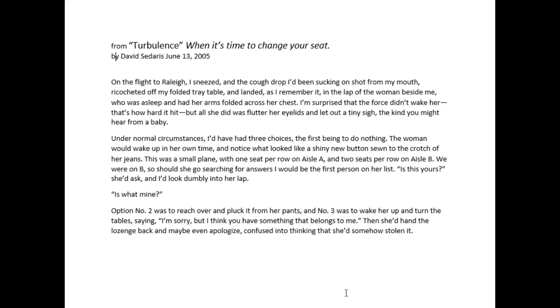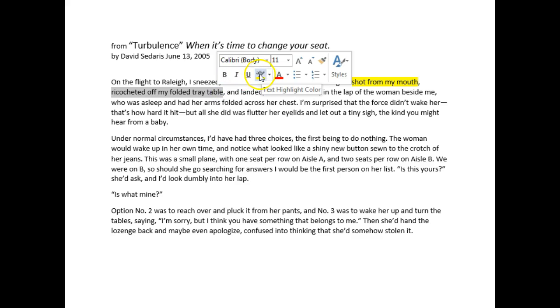So if we're thinking about sensory imagery or the use of sensory language to create engagement for the audience, we have several examples. We know what it looks like when something is shot from something, like a bullet from a gun. So "shot from my mouth" creates quite the image. "Ricocheted" is also a word that creates an image in our head, as we are familiar with bullets ricocheting off objects, and we can picture that, and thus it engages us, the audience.